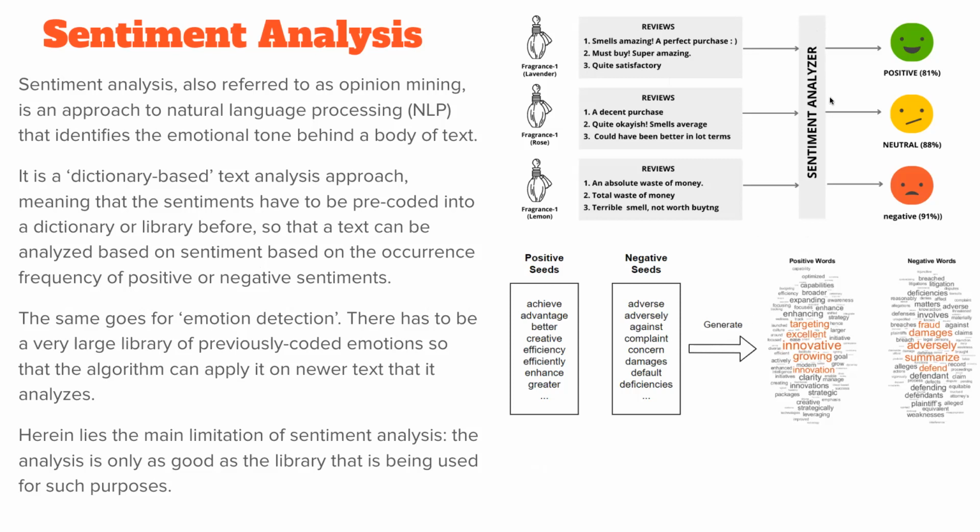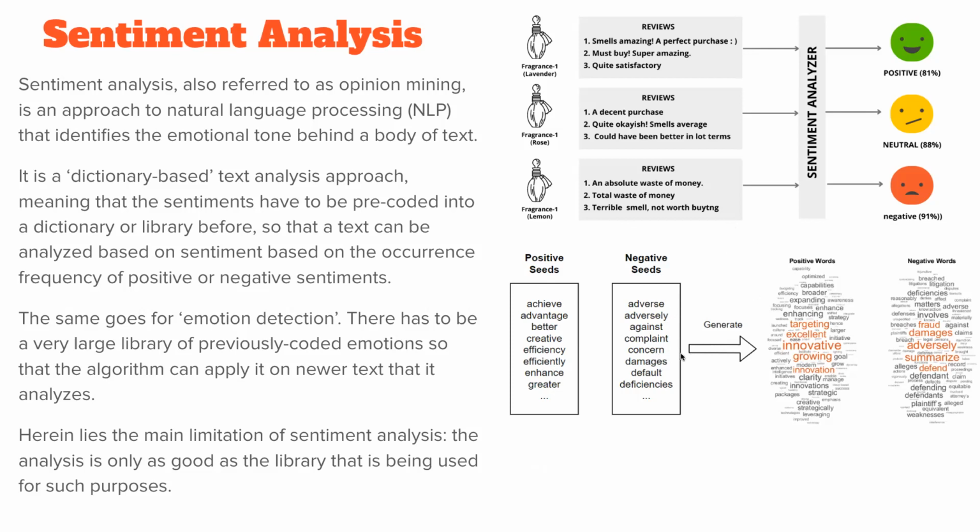The sentiment analyzer would basically say that this is a positive sentiment indicator because it is working through a dictionary in which you have positive seeds and negative seeds that are previously arranged by programmers. So achieve, advantage, better, creative, efficiency, efficiently, enhance, greater are previously coded as positive, and adverse, against, complaint, concern, damages are previously already coded as negative.